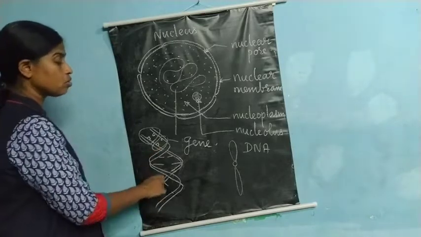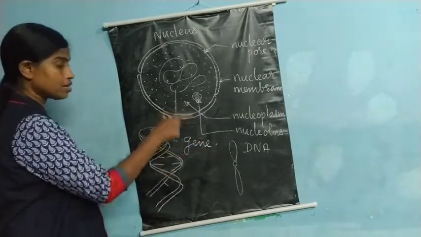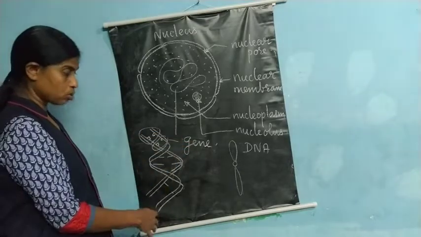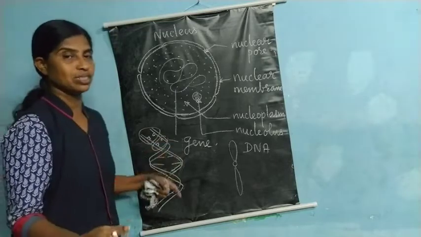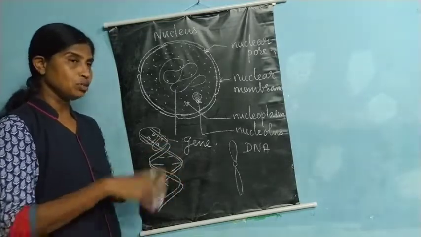One chromosome pair will have a set of information throughout, and in the same way 23 pairs of chromosomes have different information to form a new individual.